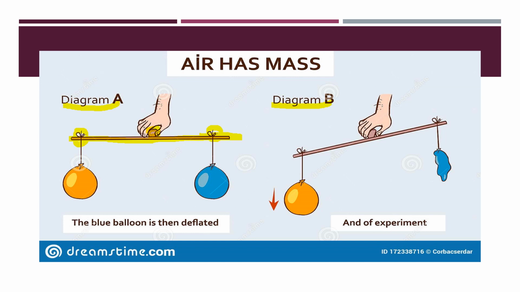After you have pricked the balloon with the help of a needle, this balloon is coming down. Why is it happening? Because air is inside this balloon. This shows that air has weight.